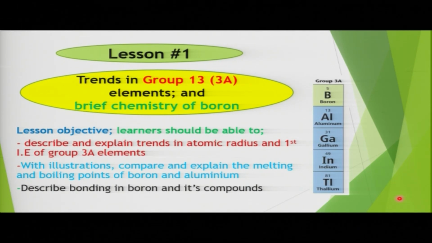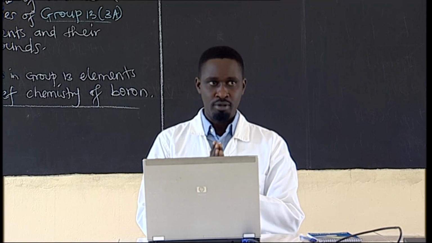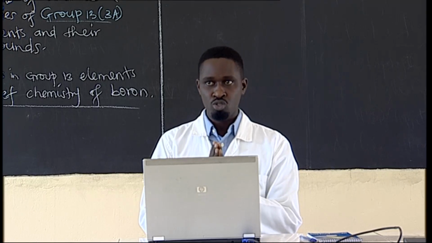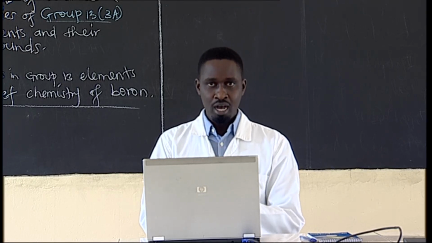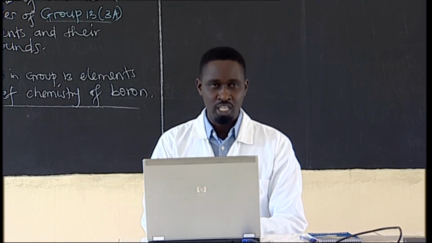The second objective is that you should be able to compare and explain with illustrations the melting and boiling points of boron and aluminium. Then the third objective is about bonding in boron and its compounds, where you are to fully describe the bonding in those compounds. So those are three objectives we are to try and achieve by the end of the lesson.